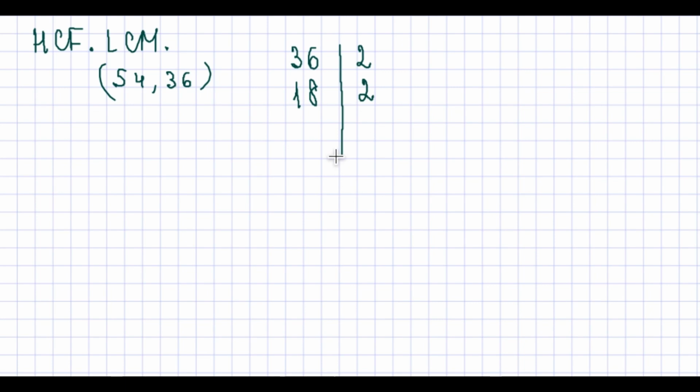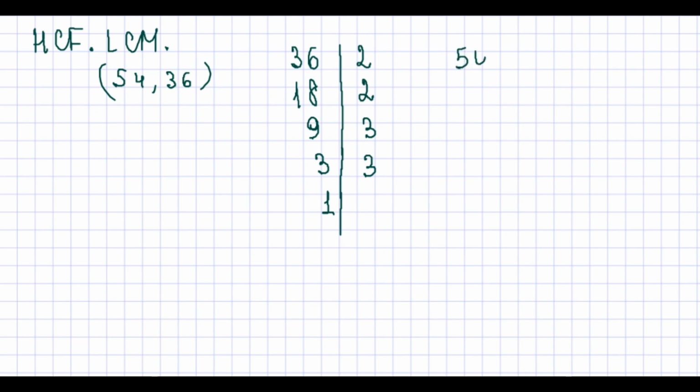Again, I can divide it by 2. This is 9. Divide by 3. The answer is 3. It's again divisible by 3. And the answer is 1. When I get 1, I have to stop because there is no meaning to continue and divide it by 1.